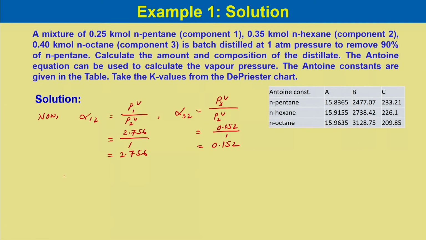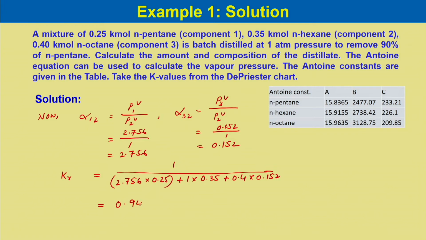Now, we can obtain Kr, that is the reference component K value, which would be equal to 1 by 2.756 into 0.25 plus 1 into 0.35 plus 0.4 into 0.152, and if we do that, we will obtain Kr is 0.948.